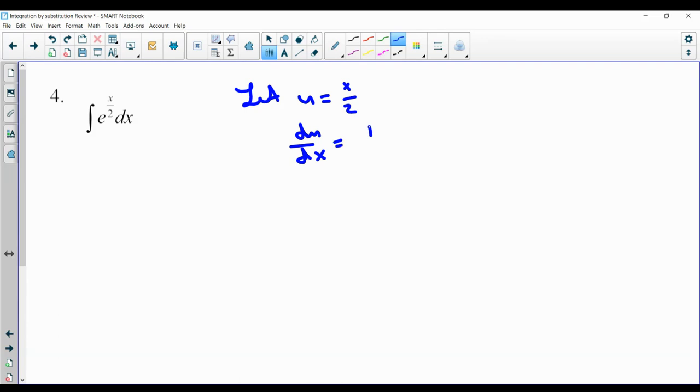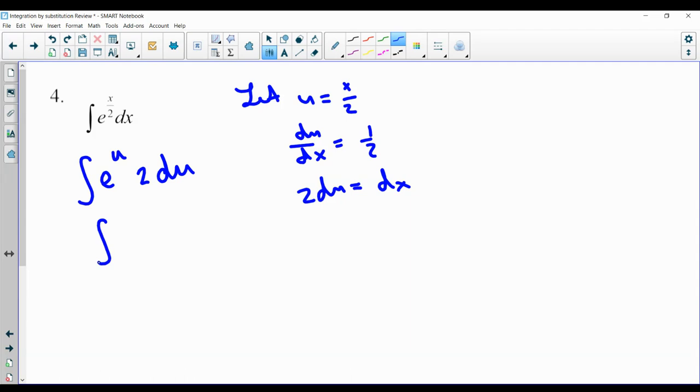You can't just say it's du over 2. It's not. Cross multiply this, you get 2 du equals dx. So that's what I'm replacing over here. Remember, you're replacing what dx is. So this is actually e to the u, and then dx is 2 du.